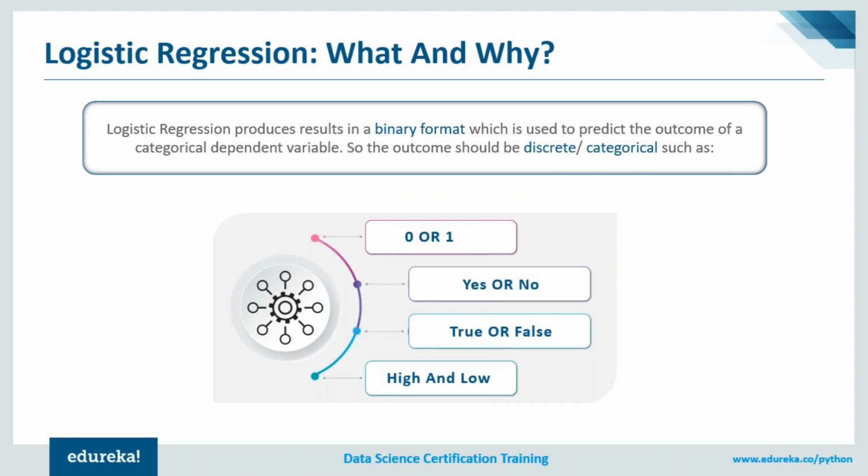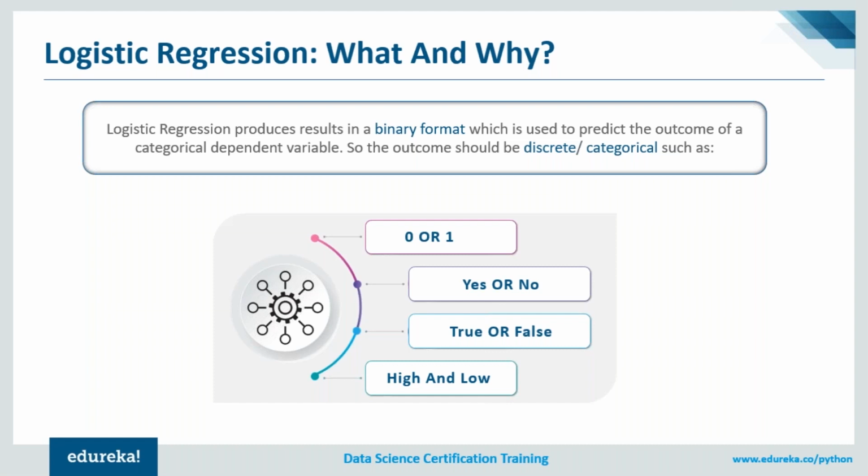So the outcome should be discrete or categorical, such as zero or one, yes or no, true or false, high or low. In such cases where our output is binary, we use logistic regression.